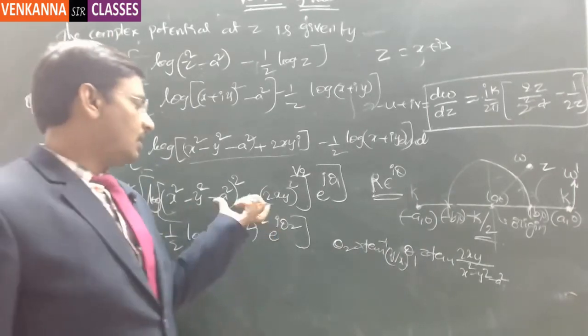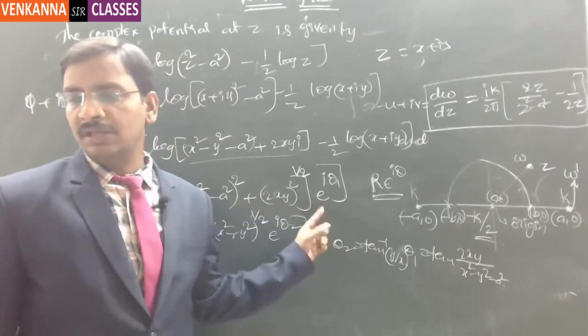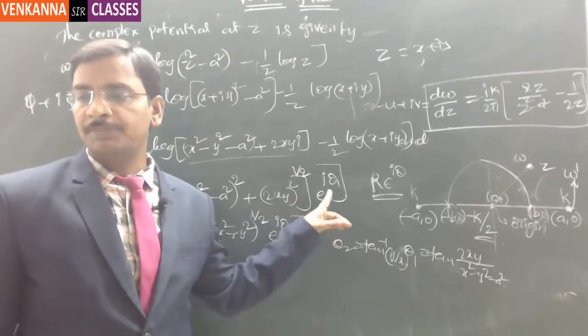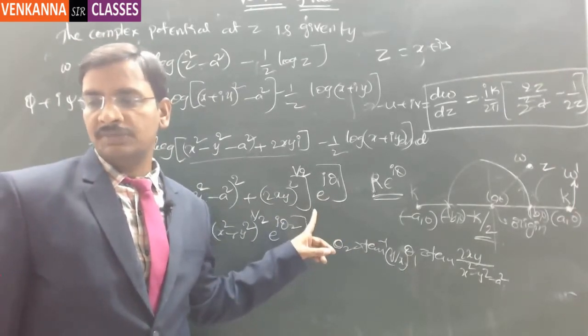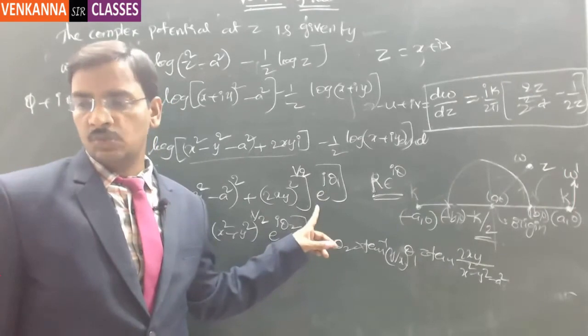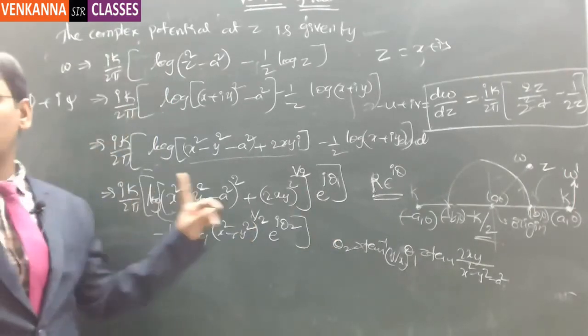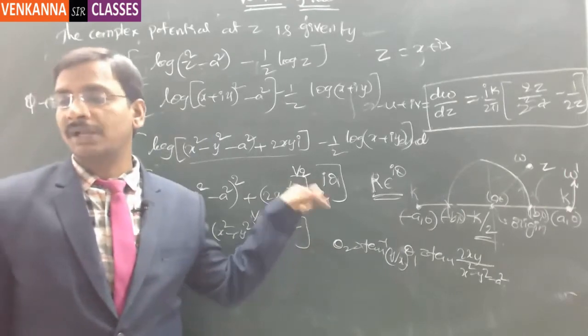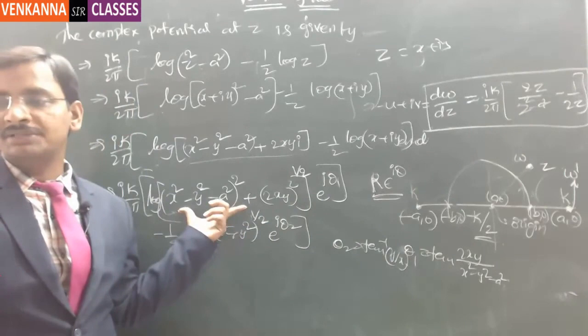Now here, log of the product of two will be log A plus log B. Then for this part, log of e power i theta 1, the i theta 1 will come in front of the log. Then log e is 1. So i theta 1, and i into i outside will become minus 1, which will become the real part. But this part is nothing but the imaginary part.